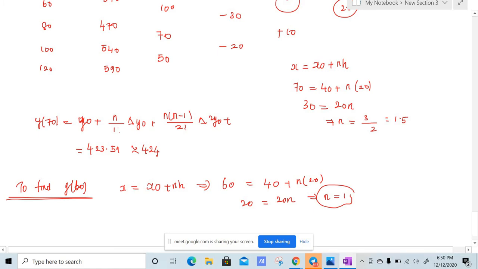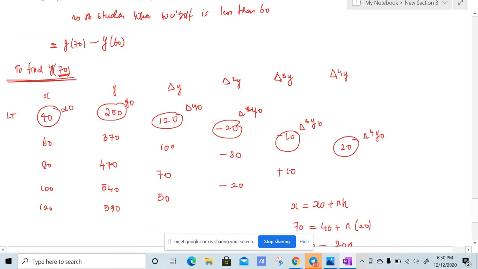Actually, you don't need to find y of 60, because less than 60 we already know the data, right? Suppose in the exam, if they ask us to find the number of students whose weight is between 50 and 70, you need to estimate y of 50 also.